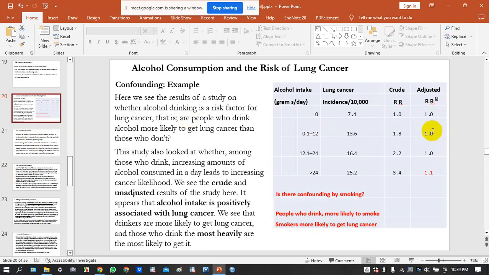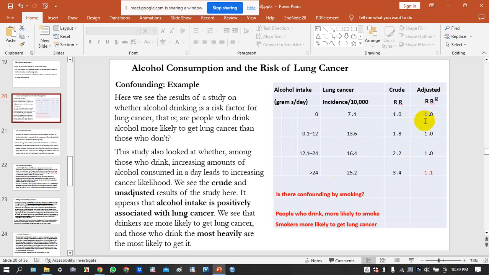So over here, we realize that when we adjusted for smoking, when we removed smoking from the analysis, there is no significant difference between alcohol use and lung cancer. That means when you take in a lot of alcohol, it doesn't cause you to get lung cancer unless you add smoking. So here we have adjusted for smoking, we have removed smoking. When we remove smoking, the effect was normalized.